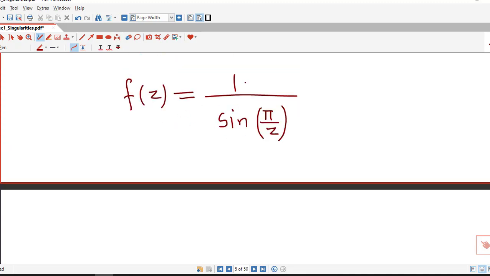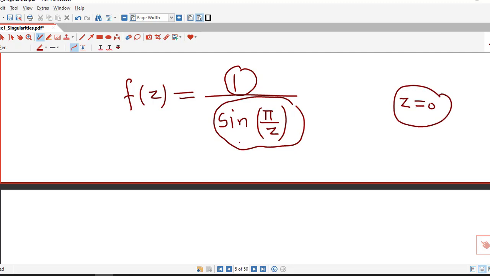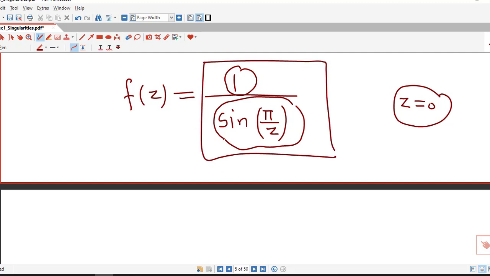Then we know that 1 is analytic everywhere, and sine pi by z is not analytic at z equal to 0, because we have pi by z here. Because we have a division of these two functions, f of z is not analytic at those points at which the value of sine pi by z is 0.